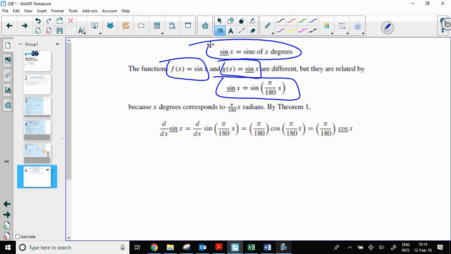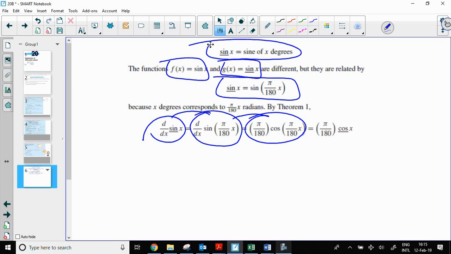So the question is, what is the derivative of underlined sine of x? The derivative of underlined sine of x is equal to the derivative of sine of pi over 180 times x, which, using our normal differentiation rules, including the chain rule, gives us this here.